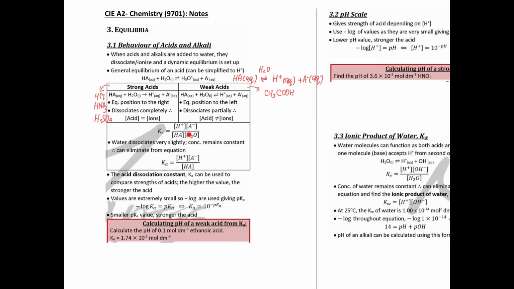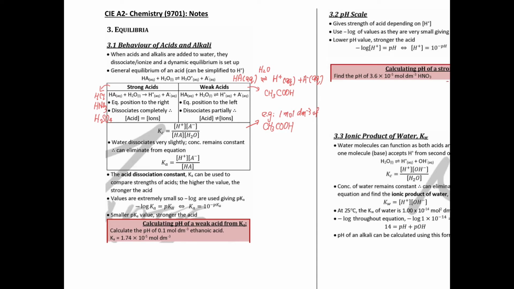For example, let's say they give you 1 mole per dm cube of CH3COOH.